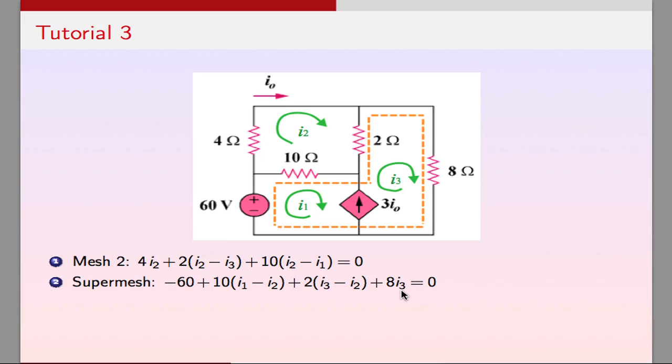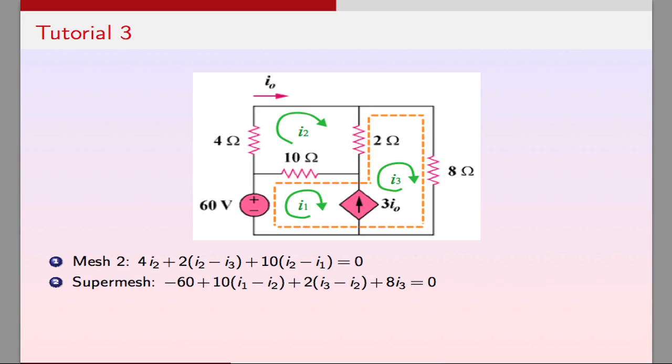So far we have 2 equations but 3 unknowns, I1, I2, and I3. We therefore need a third equation. This extra equation comes from the current source, ignored when creating the super mesh.